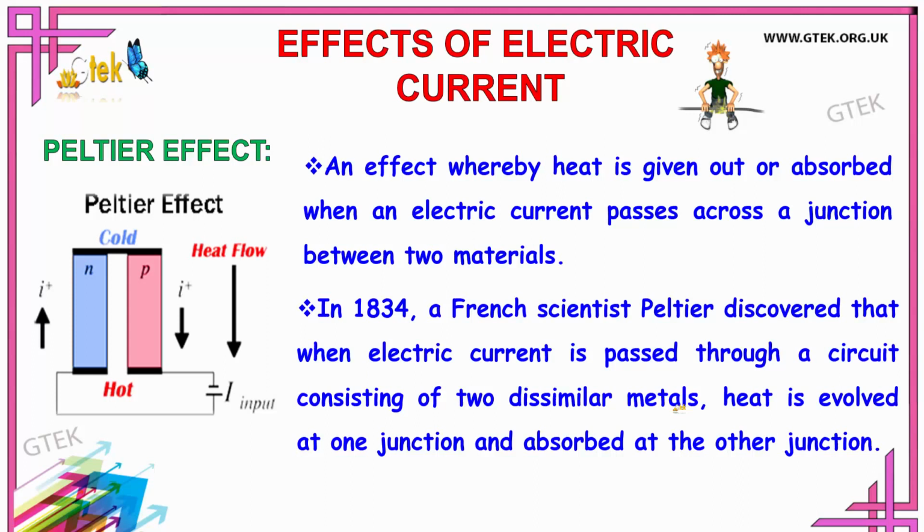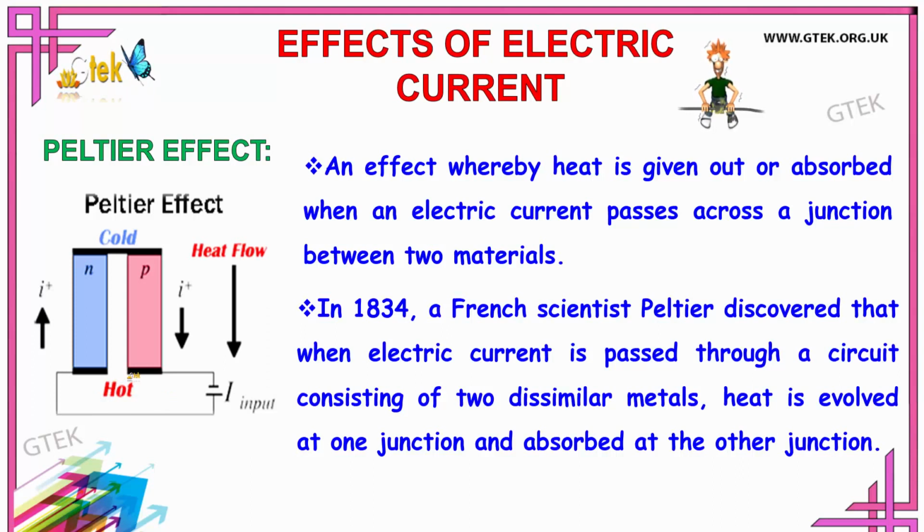In 1834, a French scientist, Peltier, discovered that when electric current is passed through a circuit consisting of two dissimilar metals, heat is evolved at one junction and absorbed at the other junction. In the left side picture, you can see the Peltier effect, where a cold temperature is at one place and a hot temperature is maintained at the other end.